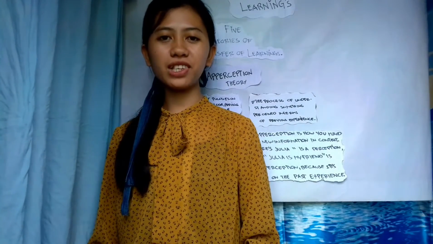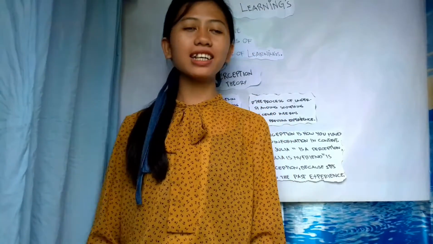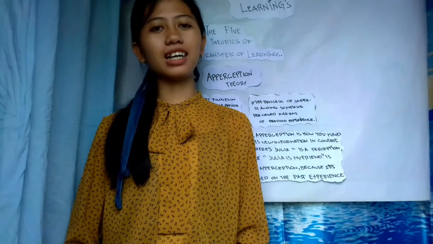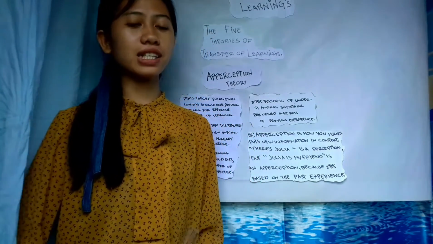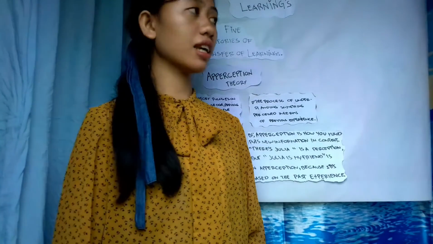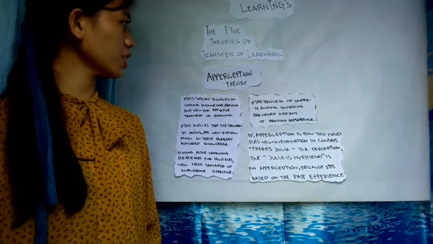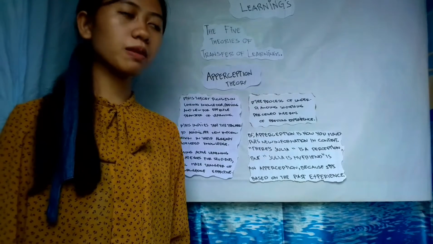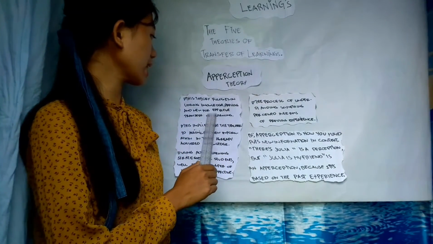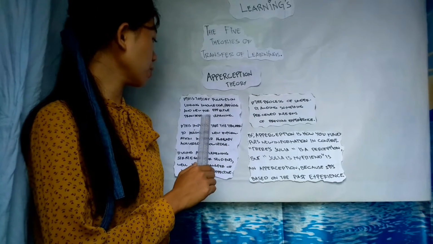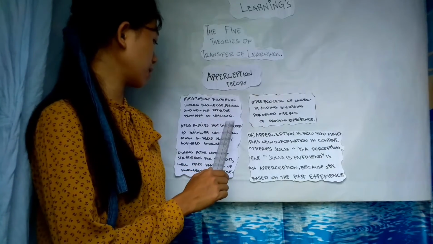So now we will proceed to the last but not the least of the theories of transfer of learning. So what is this? This is the apperception theory. So what is the apperception theory? This theory focuses on linking previous and new knowledge for effective transfer of learning.